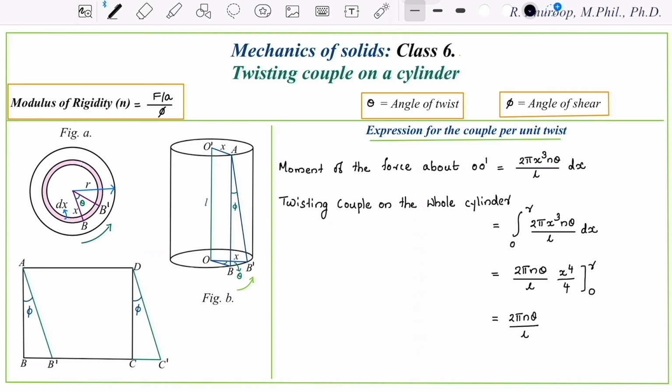That is 2 pi N theta by L r raised to 4 by 4, and that is equal to pi N r raised to 4 theta divided by 2L. This is the expression for the twisting couple on the whole cylinder.